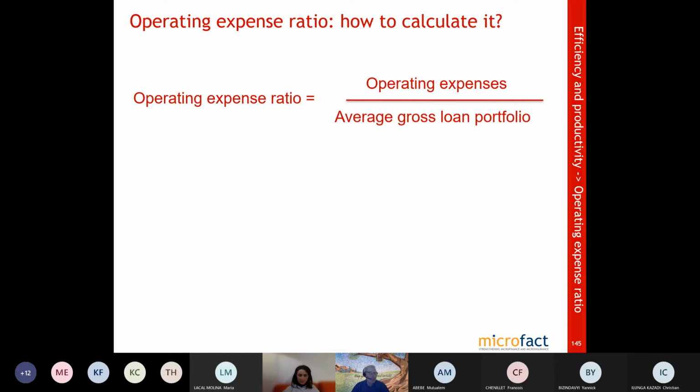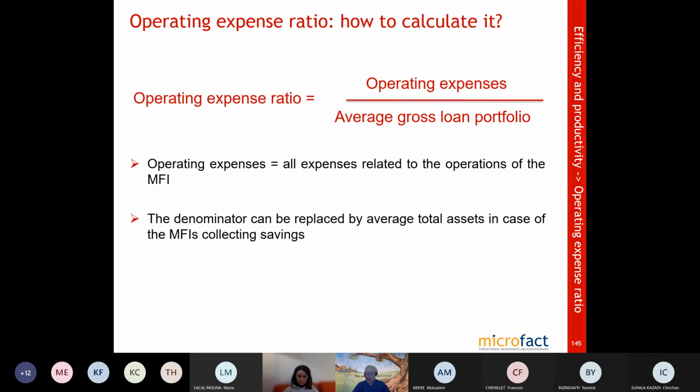Don't forget that. So when we talk about operating expenses, it's all expenses related to the operation of the MFI. It's the administrative, it's the fuel, it's the salaries, the staff expenses. These are all available. And I will show you a figure about this.